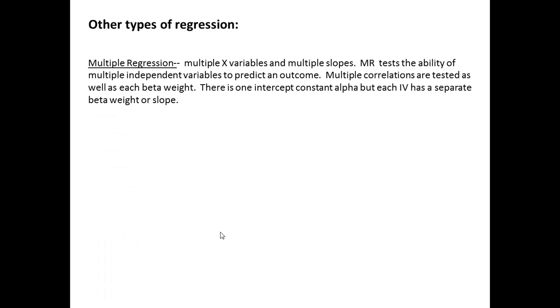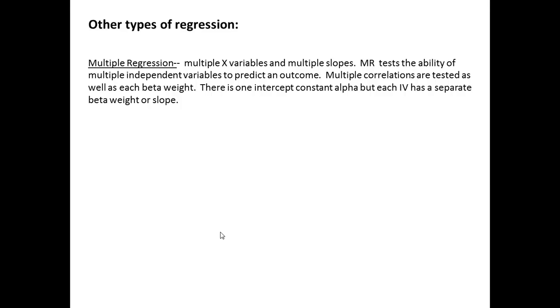There are other types of regression. Multiple regression occurs when we use multiple independent variables. It will give us multiple slopes. Multiple regression tests the ability of multiple independent variables to predict an outcome. For example, we could use % body fat and % muscle mass as a predictor of body mass index, or BMI.